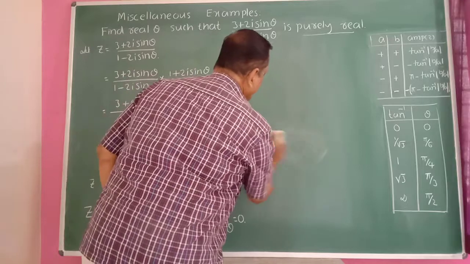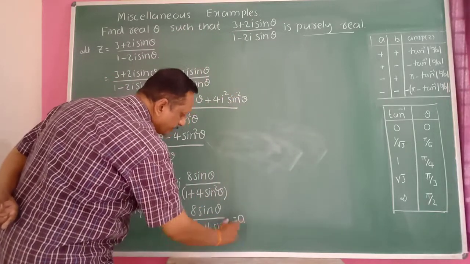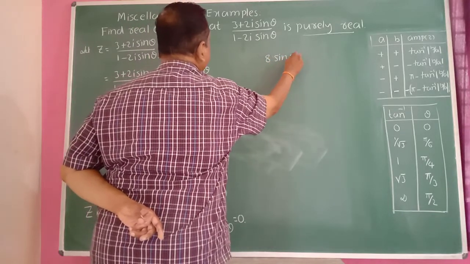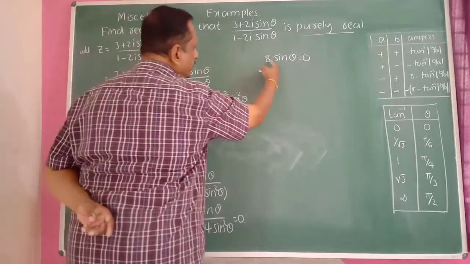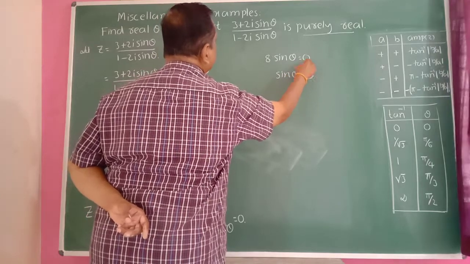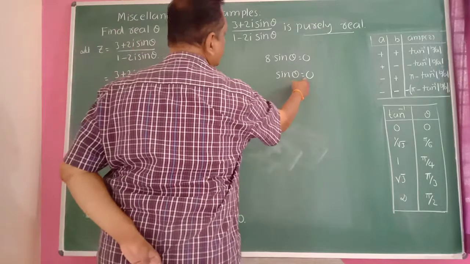Therefore, take this 1 plus 4 sin square theta this side. Cross multiply: 8 sin theta is equal to 0. Take 8 also this side, so sin theta is equal to 0 upon 8, which becomes 0. Therefore, sin theta is 0.